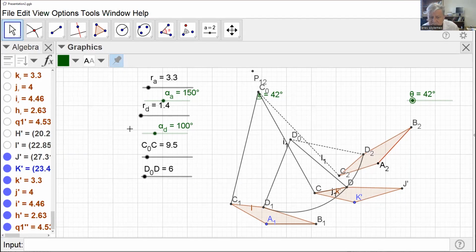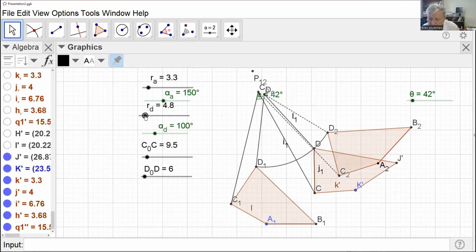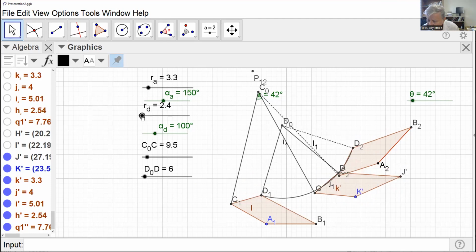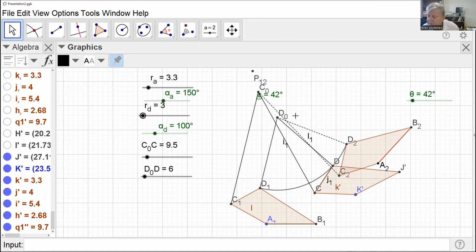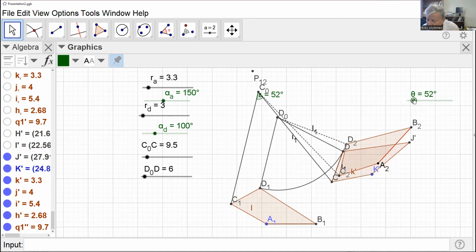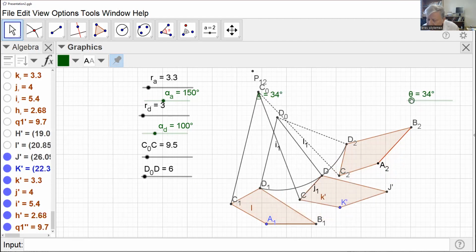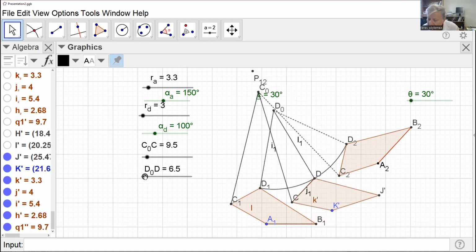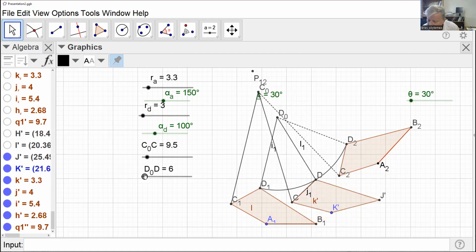However, as you can see, I have 6 design parameters. I can very easily analyze. I have to analyze the mechanism. I can change these design parameters and see whether I have a good solution or not.